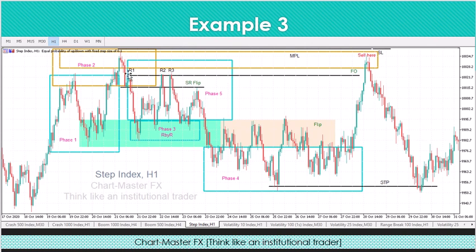Once you see this alignment of 1, 2, 3, remember the retail traders, when the price comes back here, they are looking to sell here, at support resistance levels. So this is what they do now. They push the price to an MPL or a valid decision point before the price drops.